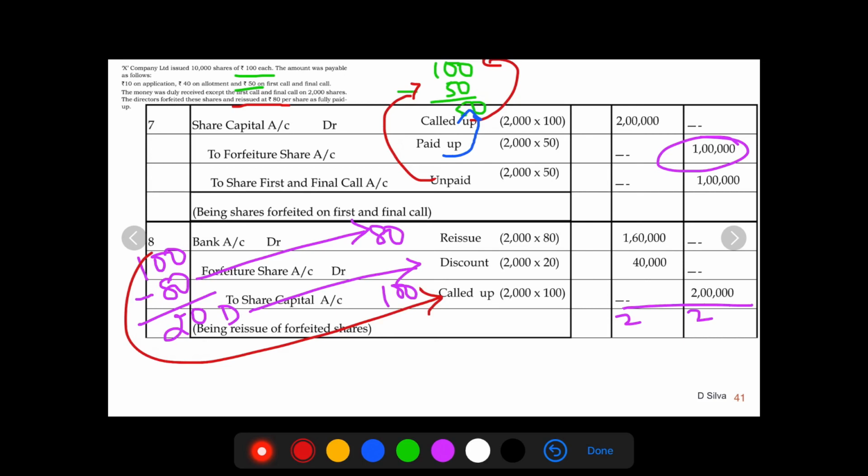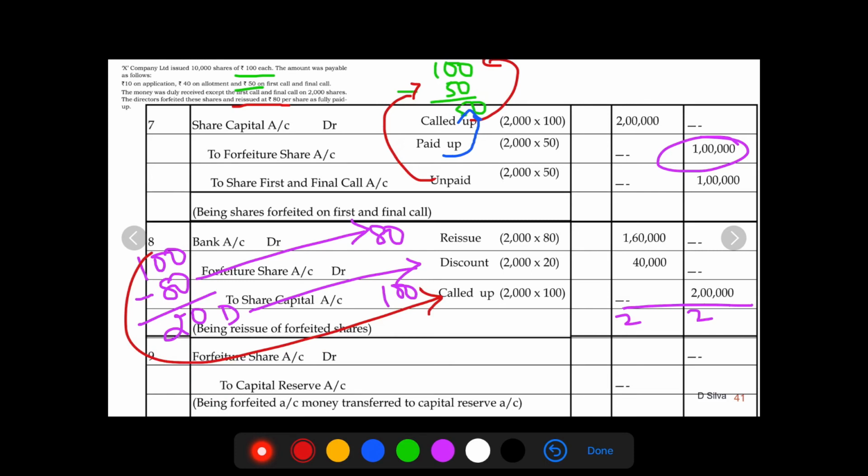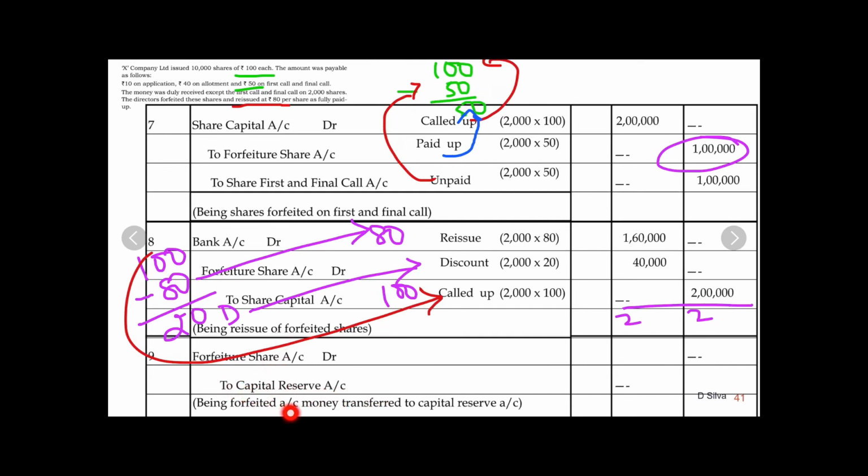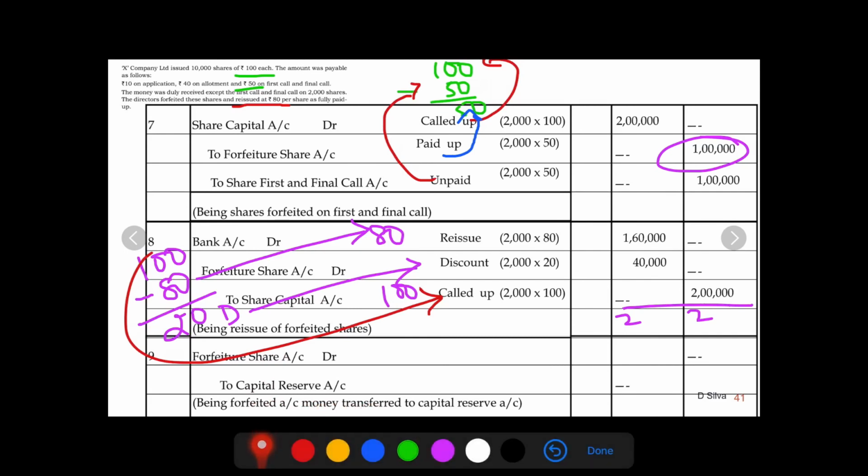This takes us to the last journal entry, because on the reissue of forfeited shares, the company is going to get certain benefit. That is shown in the form of journal entry as forfeited share account debit to capital reserve account, being forfeited account money transferred to capital reserve account.